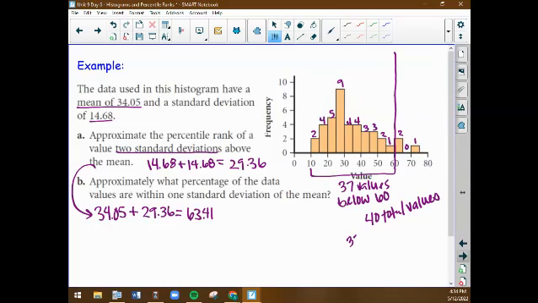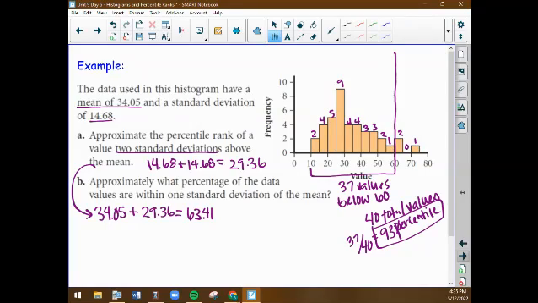So I just do 37 out of 40. 37 divided by 40 gives me 0.925, and then I convert that to a percent and round up. It puts 60 in the 93rd percentile. Okay, so that's the answer to the first question.